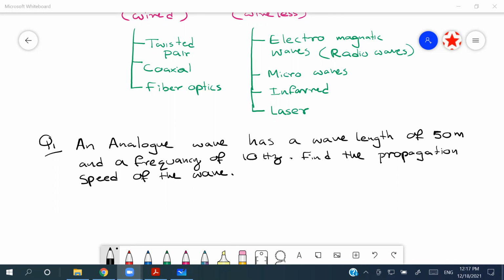It should be meters per second, right? It's going to be ms minus 1, right?